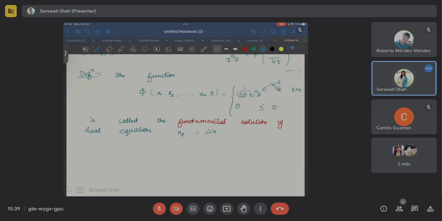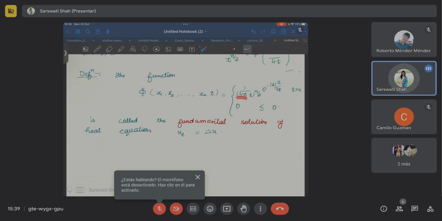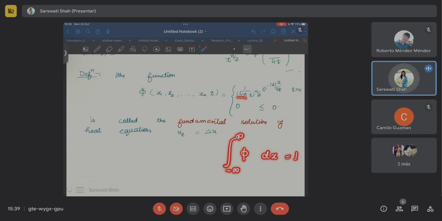So I am going to prove that adding this 1 over 4 pi is going to make the integral of phi dx from minus infinity to infinity equal to 1. That's why this forms a fundamental solution.